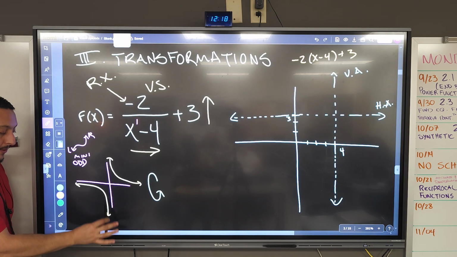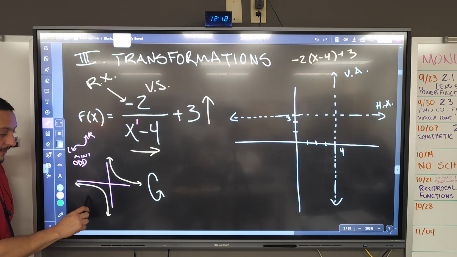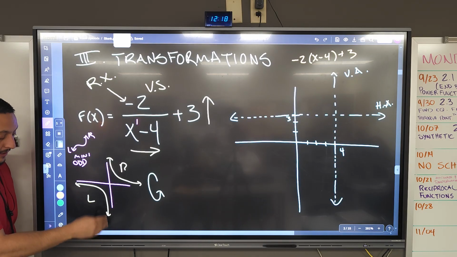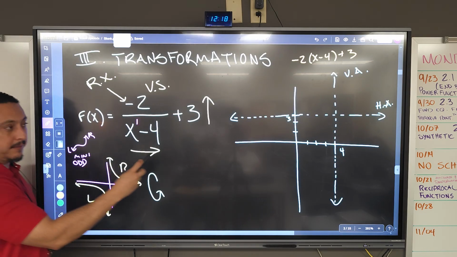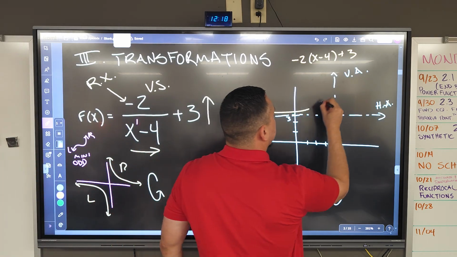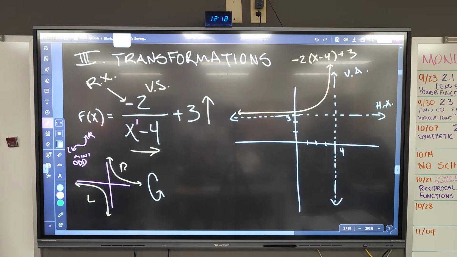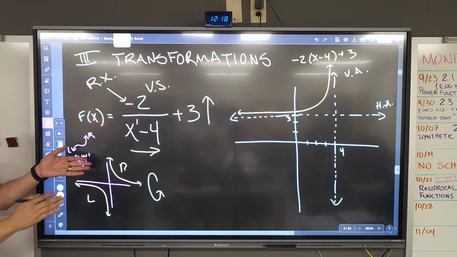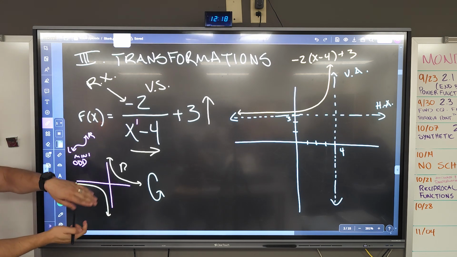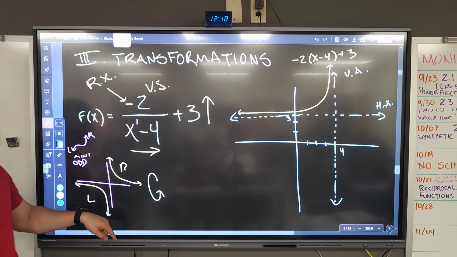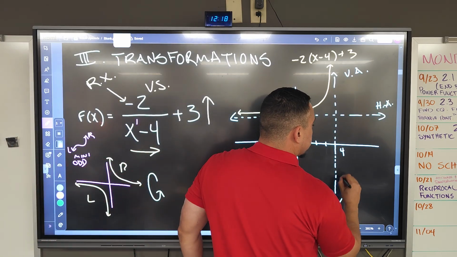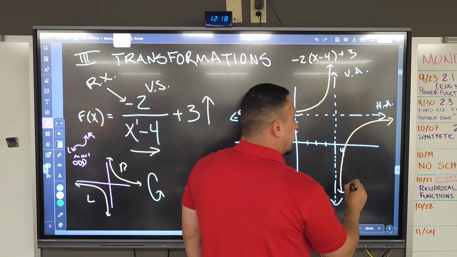This one, instead of pointing up, the left arm is going to point up. That makes sense? The right arm, flip it, instead of pointing up, points down. And there it is.